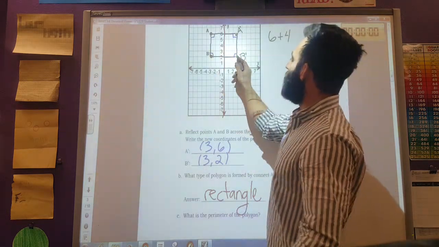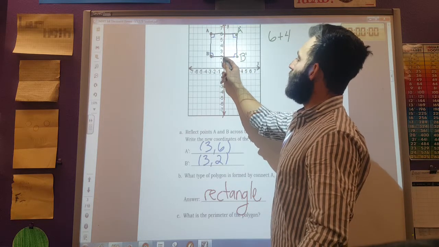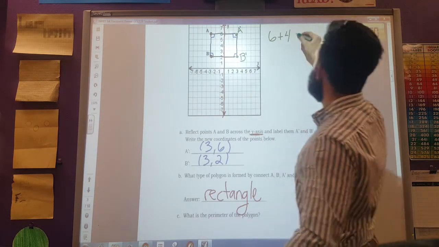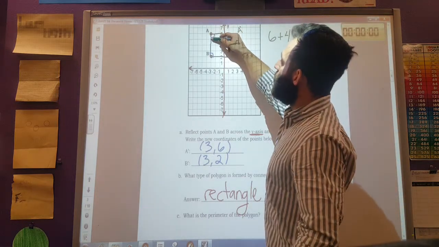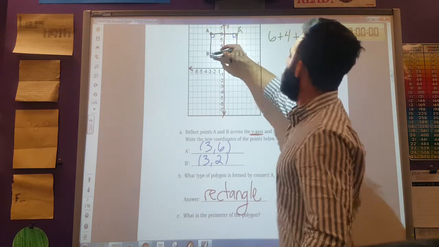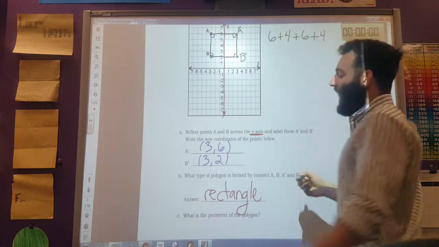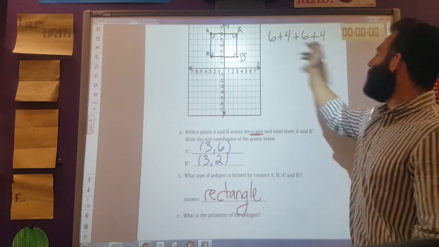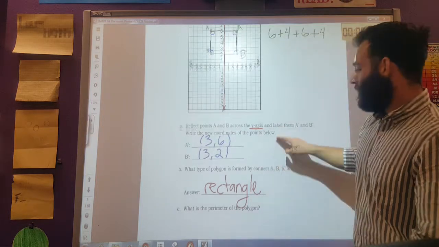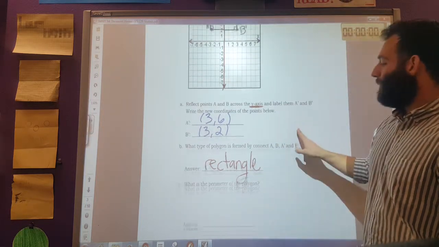Length from here to here, 1, 2, 3, 4, 5, and 6. And then finally, 1, 2, 3, 4. And I can add these all together to get my perimeter. So go ahead and take about 10 seconds to add these together to find your perimeter.